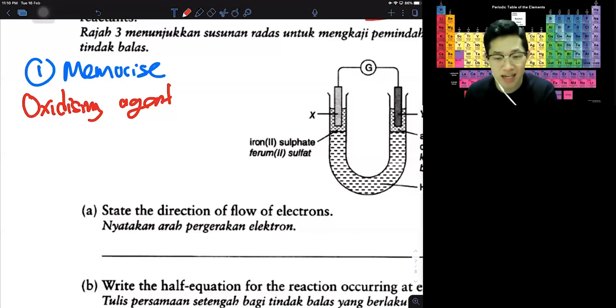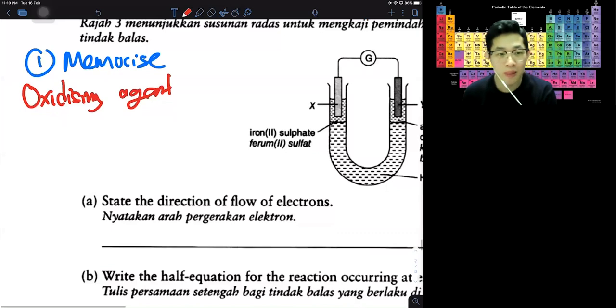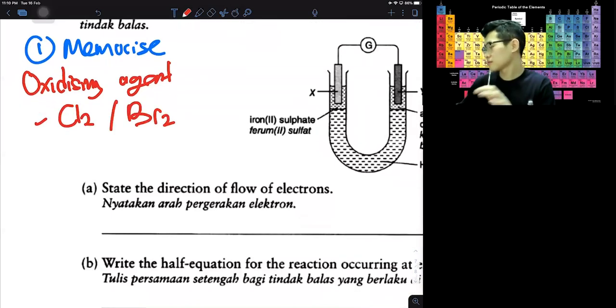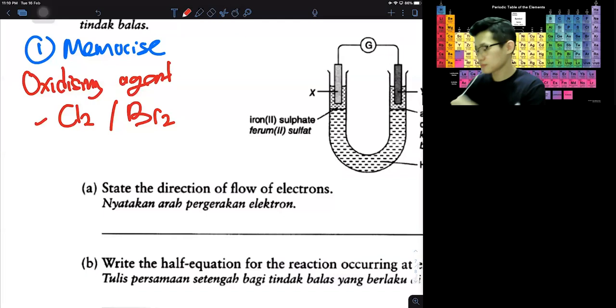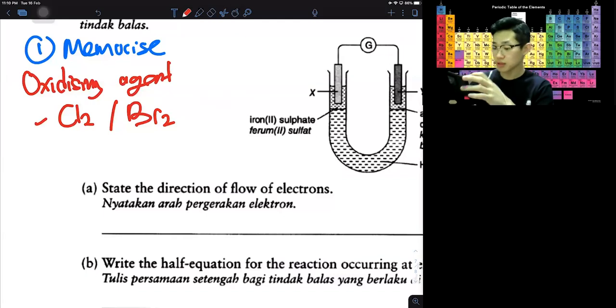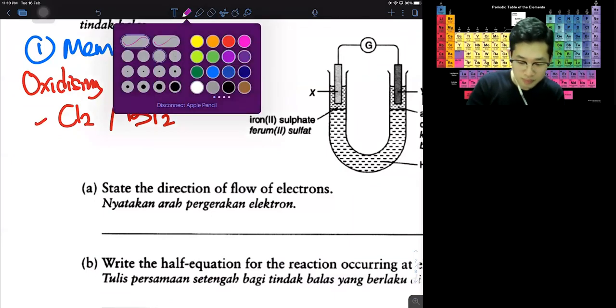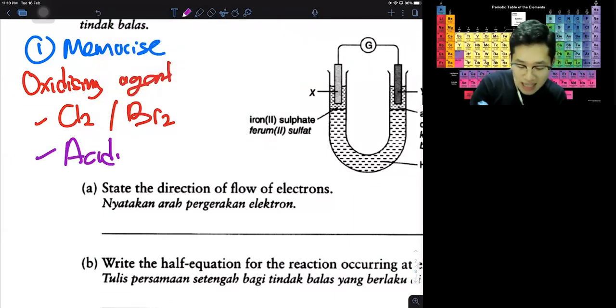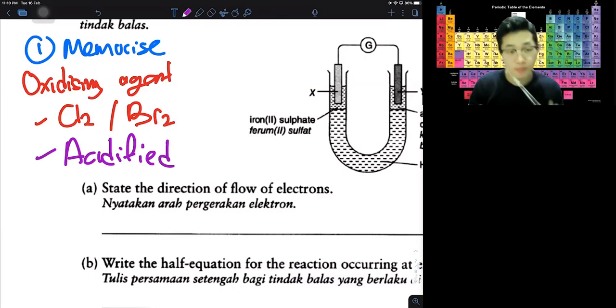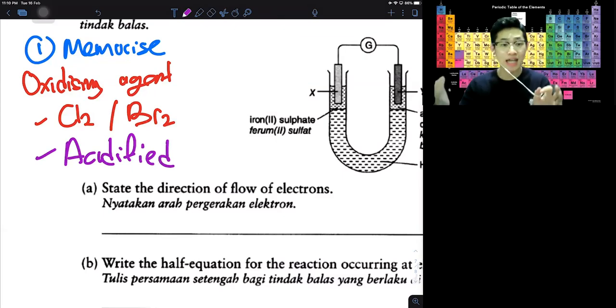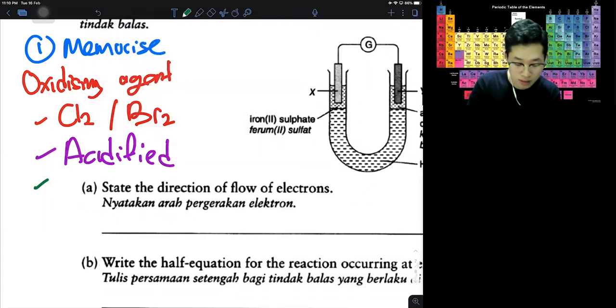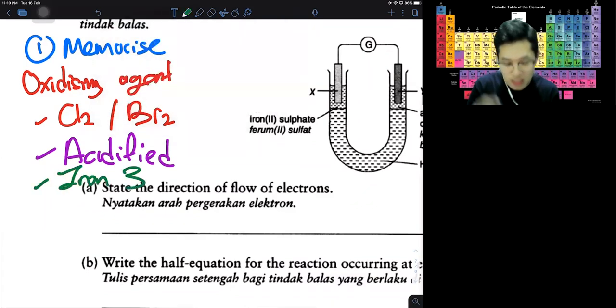Chlorine or bromine as the first one. And then you see the word acidified; acidified ones are oxidizing agents. And the last one is iron 3.